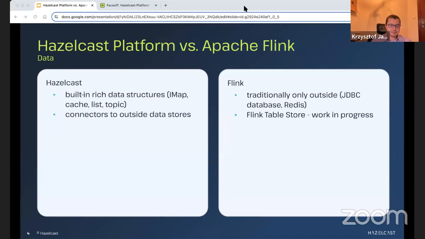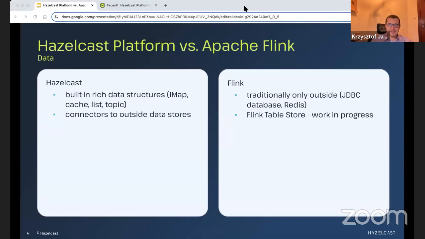In Hazelcast, we can use built-in data structures that Hazelcast supports, for example IMap, cache, list or topic, in order to get some contextual data. And they are embedded.